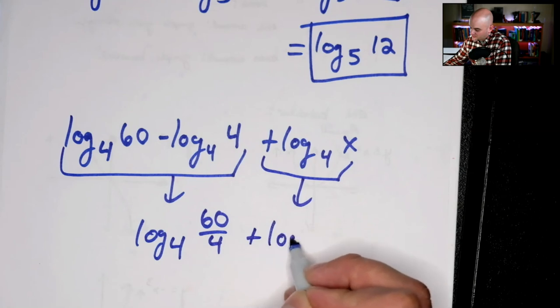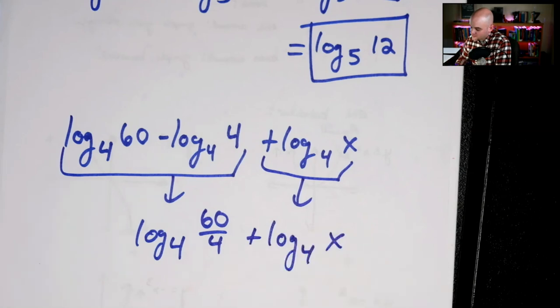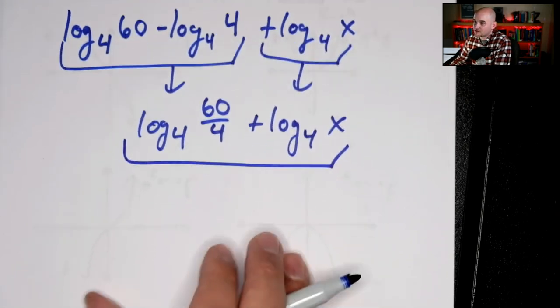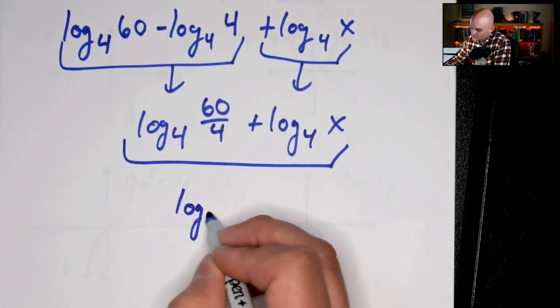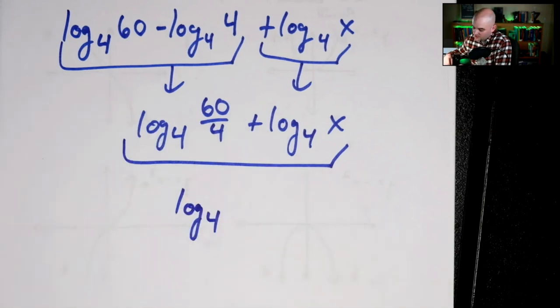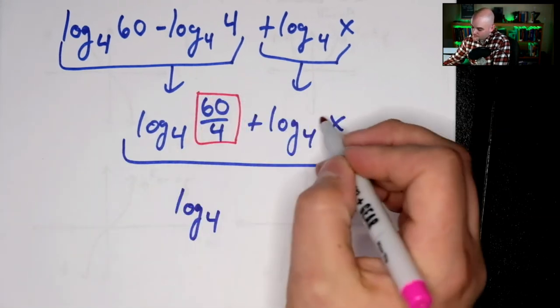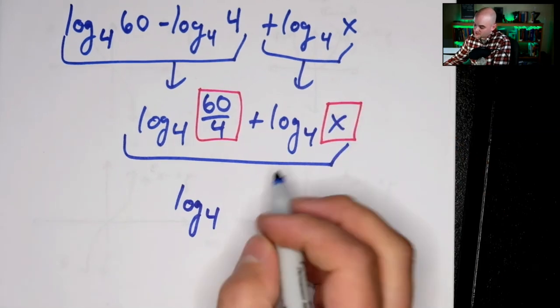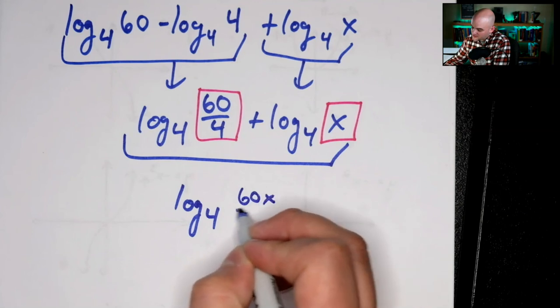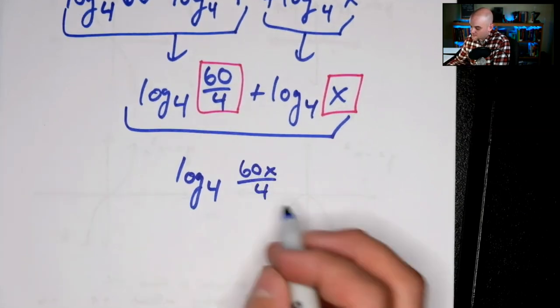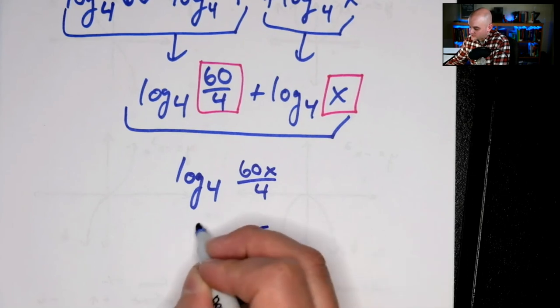So plus log base 4 of x. And then I can combine these two. So these two work out to be log base 4, everything's same base, that's what we want, of this right here times this right here. So that gives me 60 times x over 4. You can reduce this. So 60 divided by 4 is 15, so we can say it's 15x.